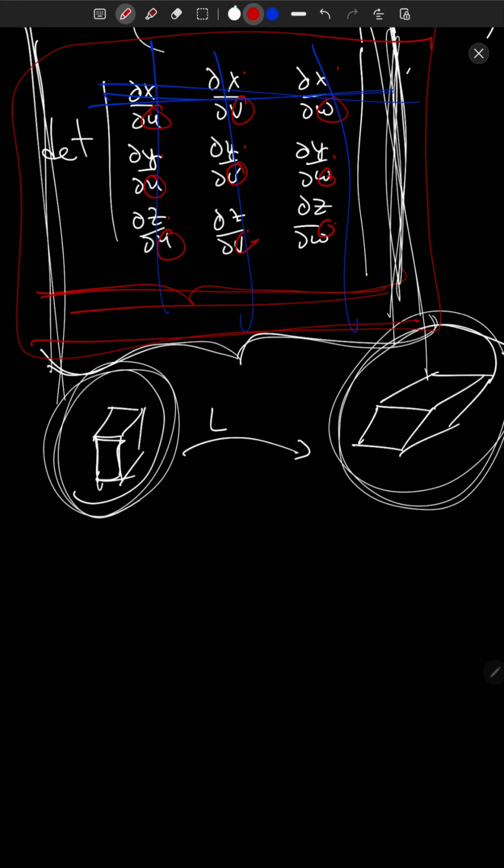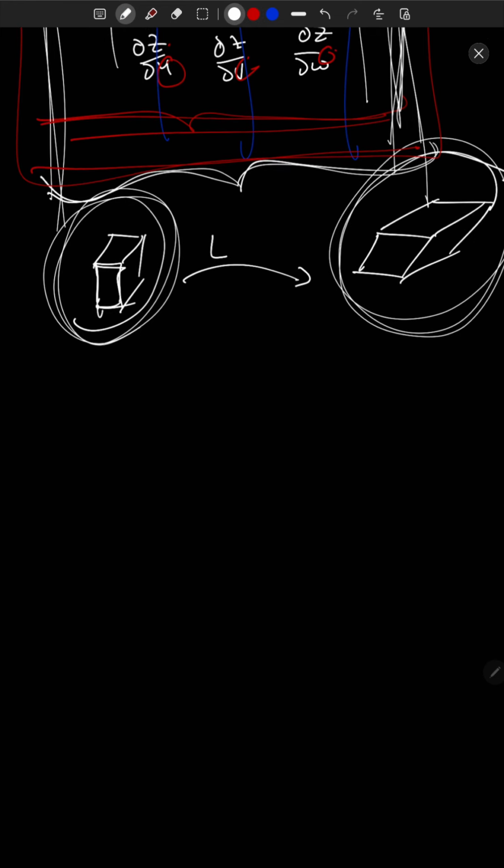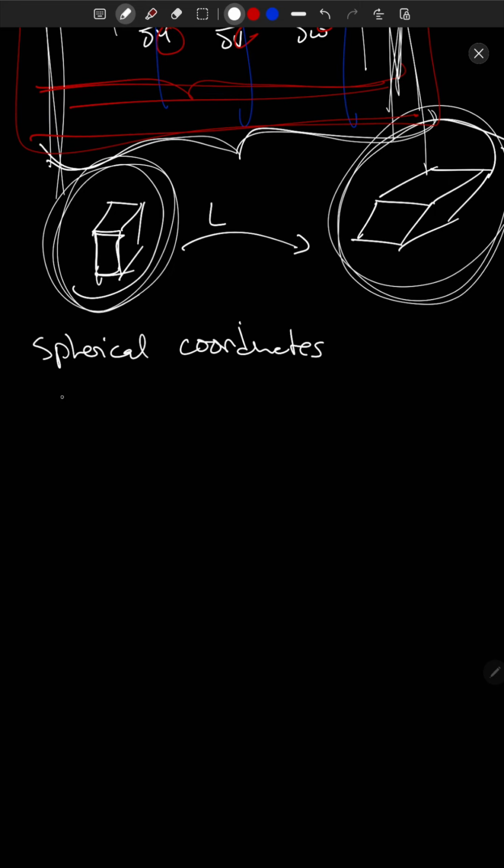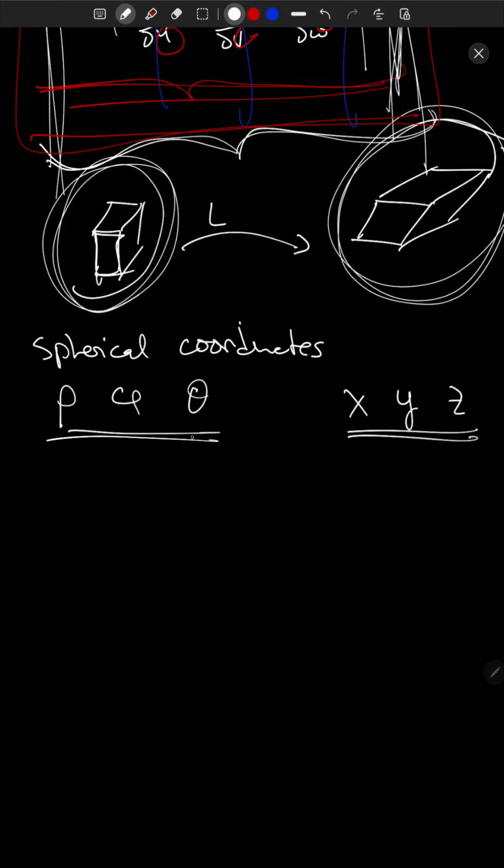All right. So one place where we've already seen this exact idea is spherical coordinates, right? In spherical coordinates, we use rho, phi, and theta. Maybe we started out with x, y, z. We didn't like that. We wanted to convert to rho, phi, theta. So that's exactly the setting we have here.